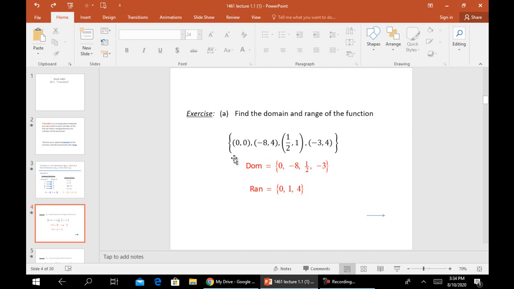I guess the best way to say it is that the first coordinates here don't repeat. So that's how we can check that this is indeed a function. Notice that 4 repeated here in the range, which is allowed.